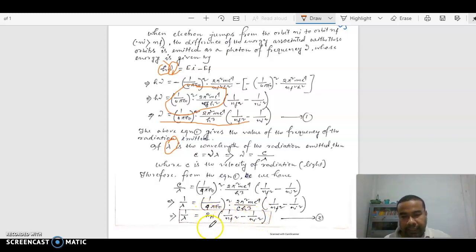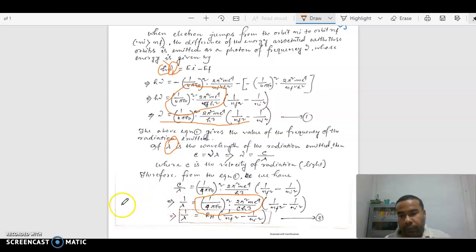Here, what is Rh? Rh is the Rydberg constant. This value is said to be the Rydberg constant of the hydrogen atom. Since we are taking the hydrogen atom, Z equals 1, atomic number 1, so this is a constant value, called the Rydberg constant of the hydrogen atom.